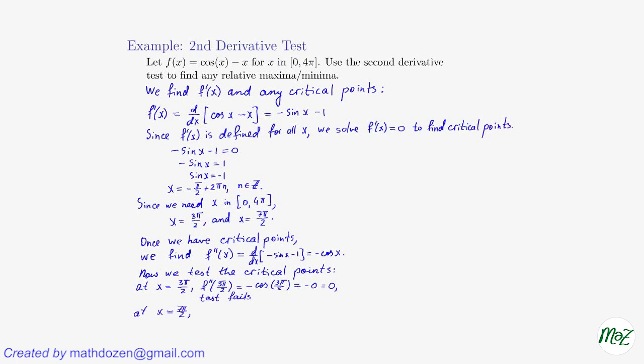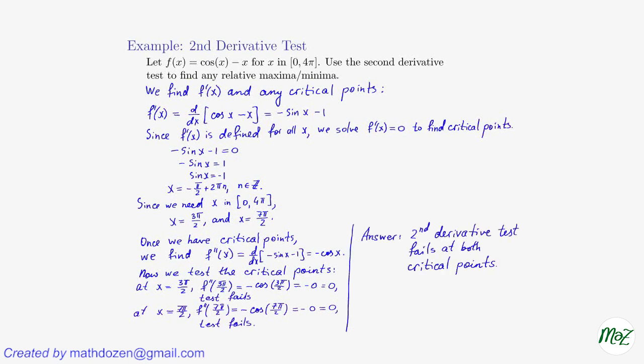And the test fails. At the other critical point, we get a similar story. The second derivative at 7 pi over 2 is negative cosine of 7 pi over 2, that's 0 as well. So the test fails at both of those points. And we pretty much don't know anything about those critical points if we don't use anything else in this problem.